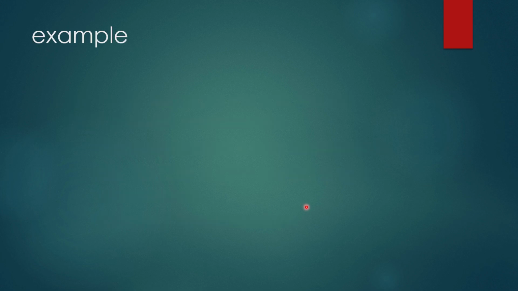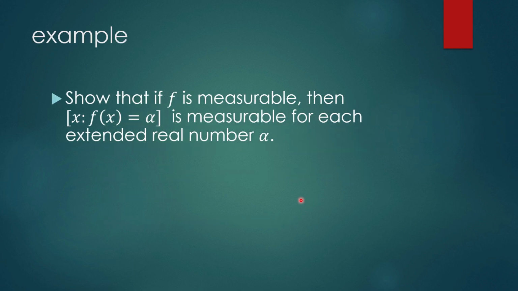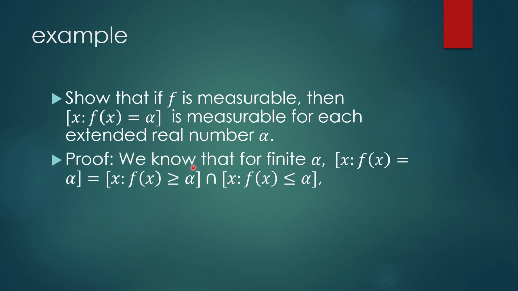So some examples, let us see. If f is measurable, then x such that f of x is exactly equal to alpha is measurable for every extended real number alpha. This is a very interesting example, the first example of a measurable function. We know that for finite alpha, x such that f of x equals alpha can be written as x such that f of x is greater than or equal to alpha, intersection x such that f of x is less than or equal to alpha.